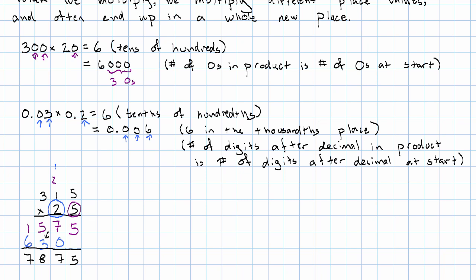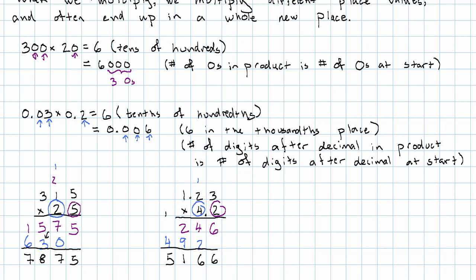Similarly, if we were to multiply 1.23 times 4.2, we multiply together every pair of digits. And where does the decimal point go?